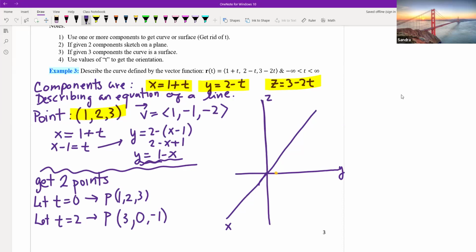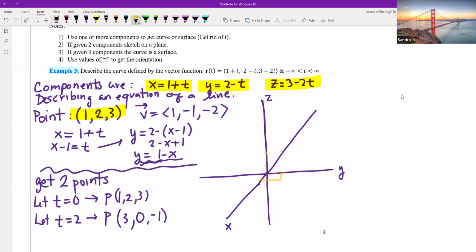Okay, so let's try to graph them. I'm still going to use maybe the yellow color. So x will be 1, y will be 2, and z will be 3.